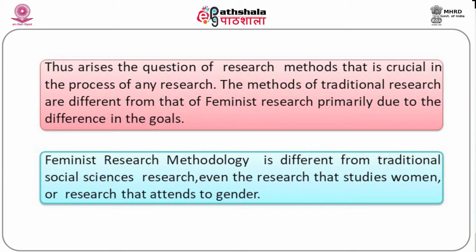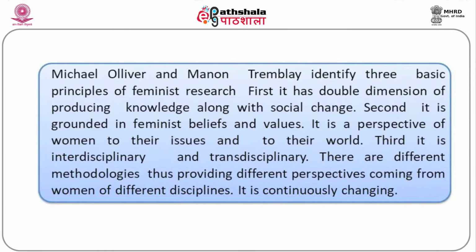The methods of traditional research are different from that of feminist research, primarily due to the difference in the goals. Feminist research methodology is different from traditional social sciences research, even the research that studies women or research that attends to gender. Michael Oliver and Manon Tremblay identify three basic principles of feminist research.